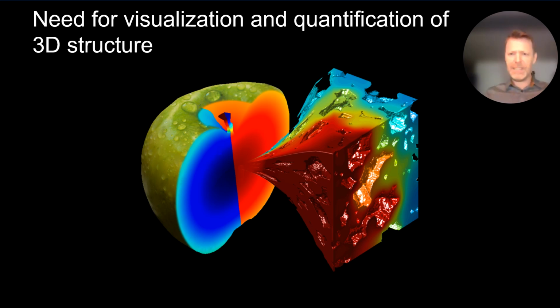Once we have these structures and we can quantify them, we can use them in, for instance, modeling, as an example is given here, so that we can see how these structures are affecting the transport of water, of gases, which are all very relevant for the physiology of the material.